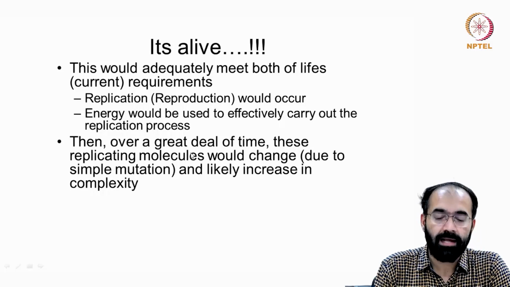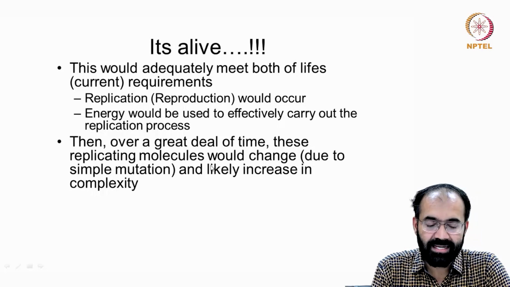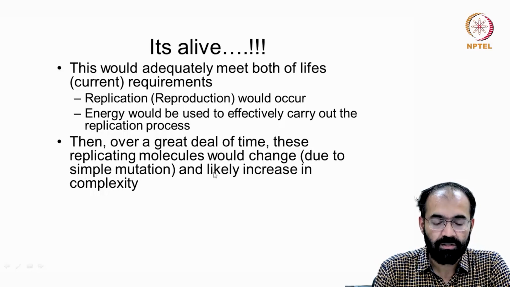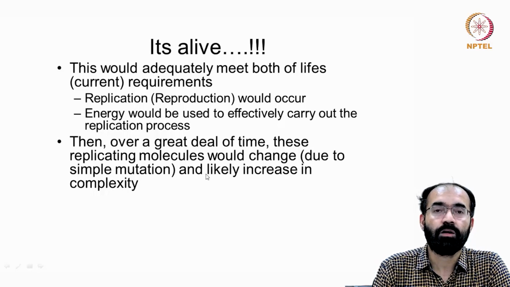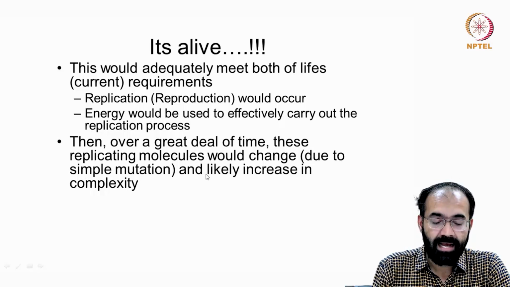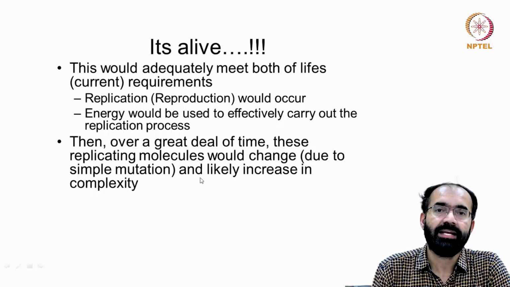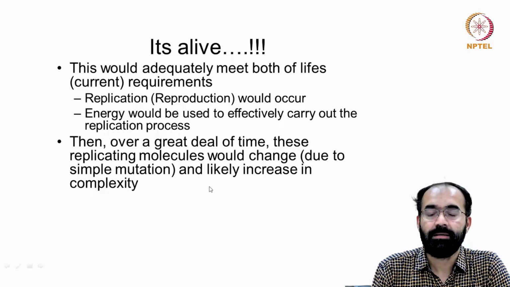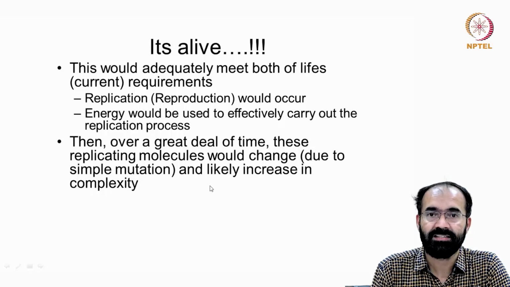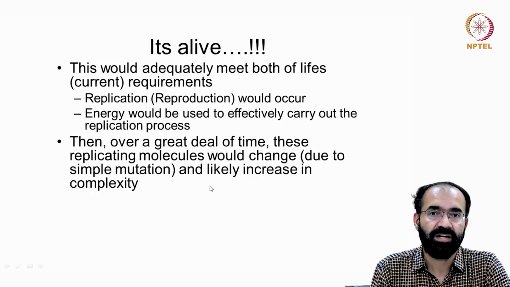Then over a great amount of time, these replicating molecules would change due to simple mutation, because although it is making a copy of itself using a template strand, it is always error prone. And remember, even in modern day, we talked about RNA dependent RNA polymerase, right, which is a protein enzyme present in the viruses, which do not have the proofreading activity.